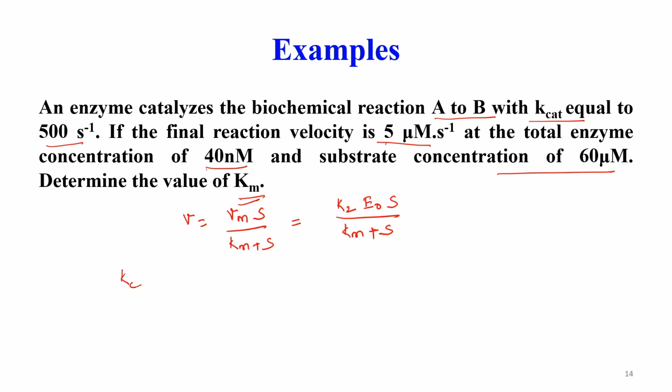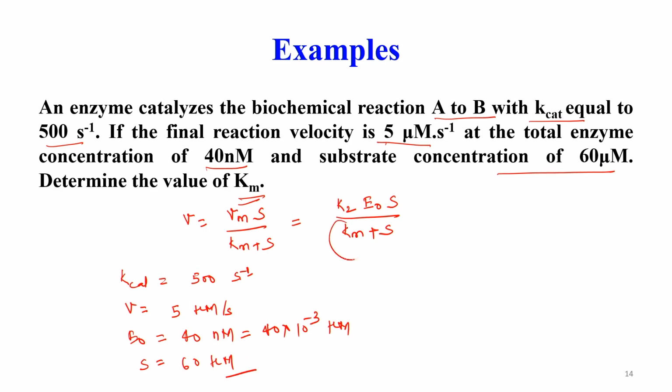K catalytic is 500 second inverse, V is given as 5 micromole per second, and the enzyme concentration is 40 nanomolar, which can be converted to micromolar as 40 into 10 to the power minus 3 micromolar, and the substrate concentration S is 60 micromolar. So, all the parameters are given, we can quickly calculate the value of Km, and this will be equal to 180 micromolar.